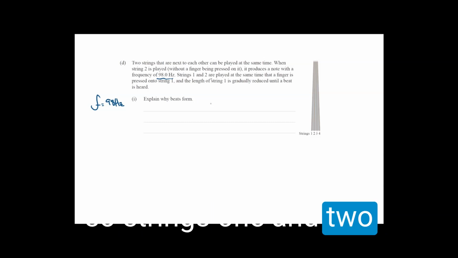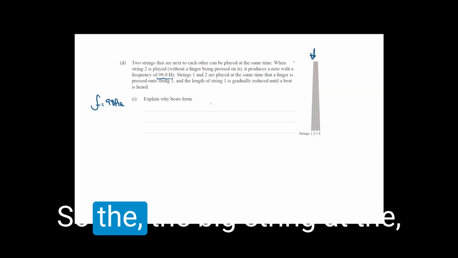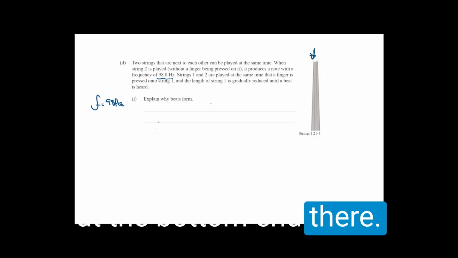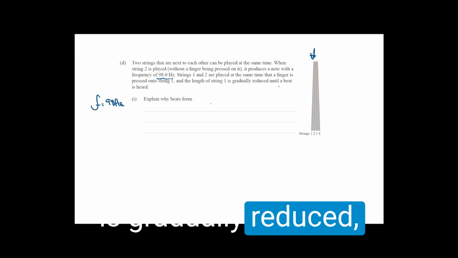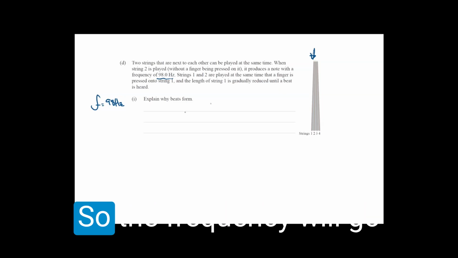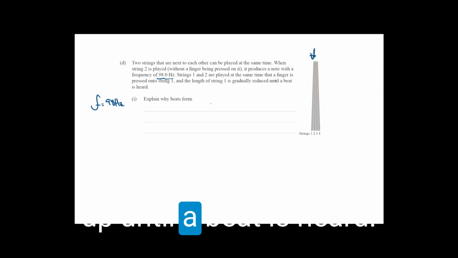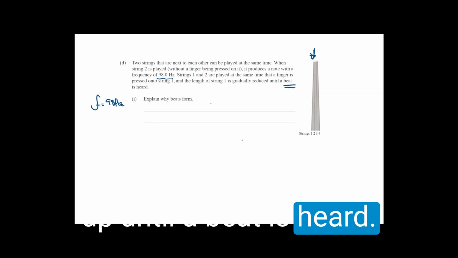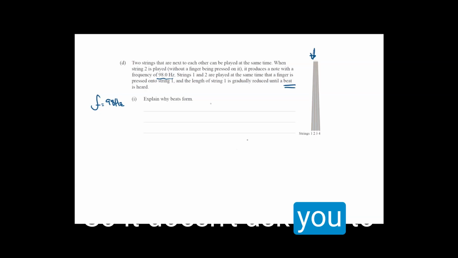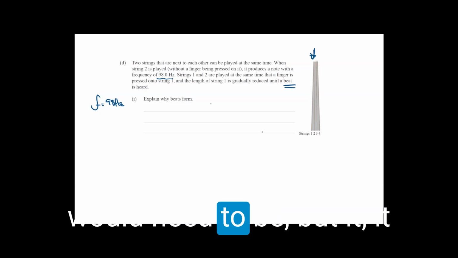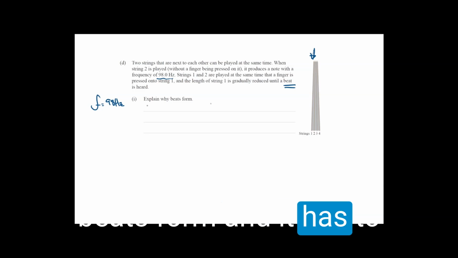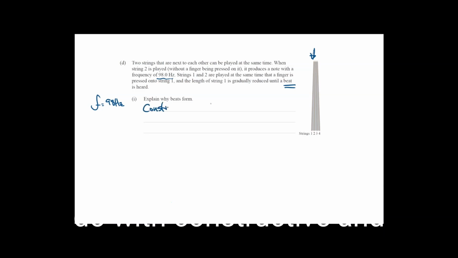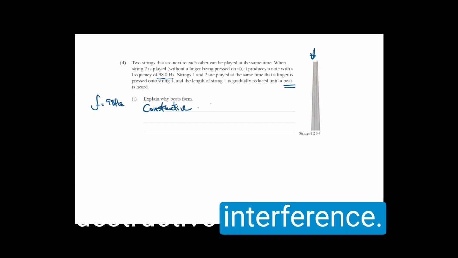Strings 1 and 2 are played at the same time, and a finger is pressed into string 1, the big string at the bottom end there, and the length of string 1 is gradually reduced, so it goes up in tone, so the frequency will go up until a beat is heard. It doesn't ask you to work out what the frequency would need to be, but it asks you to explain why beats form. And it has to do with constructive and destructive interference.